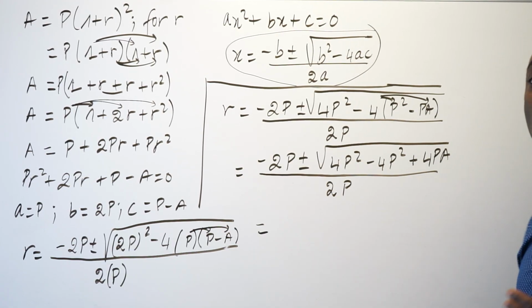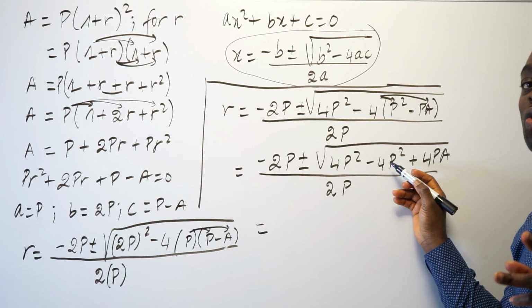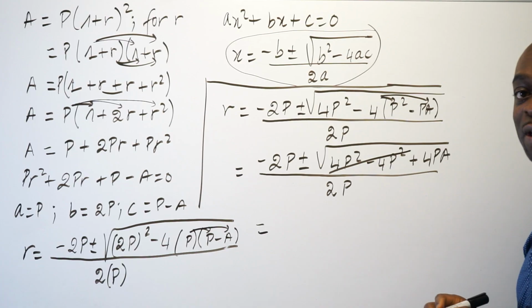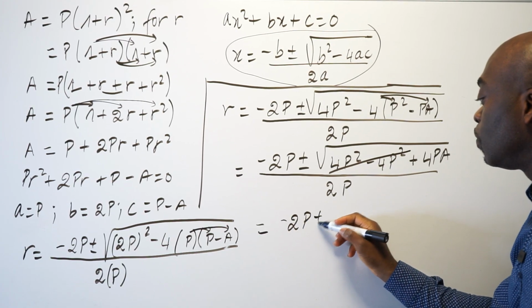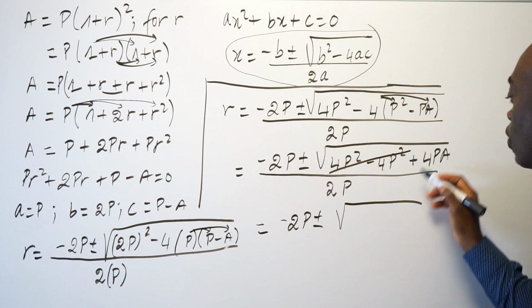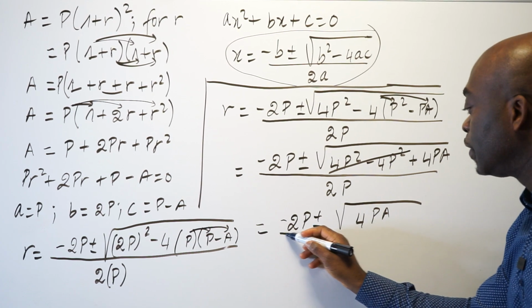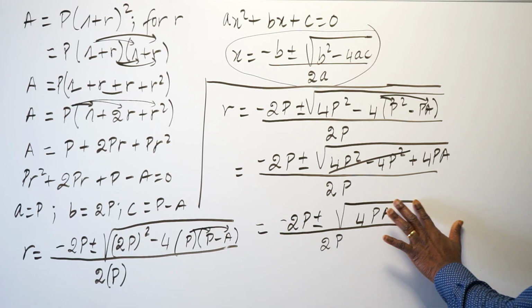Then we continue. What can we combine? 4p squared minus 4p squared, two items with different signs. We can cross them out. So we end up with negative 2p plus or minus the square root of 4pa divided by 2p. Is there anything that we can simplify further?